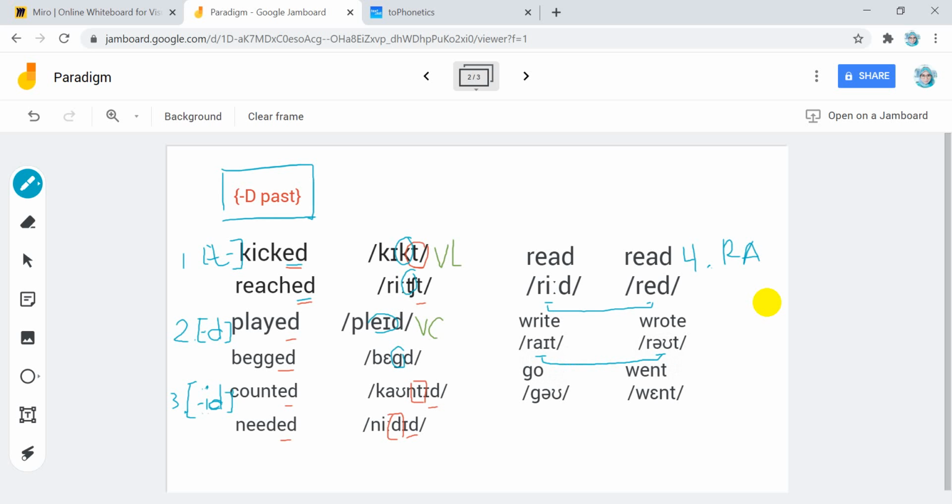What about some words like go becomes went? It changes completely. So we have number 5. It is called suppletion.